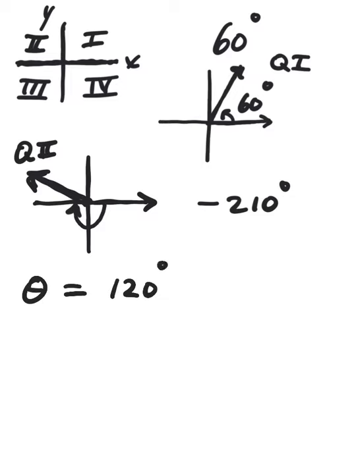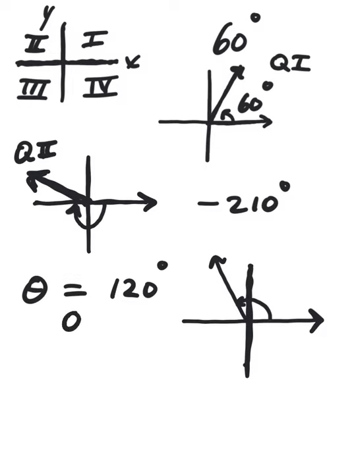That angle's positive, so we start on the positive x-axis and open approximately 120 degrees counterclockwise. So this is a quad 2 angle. But there are other angles that start and stop at that same location.